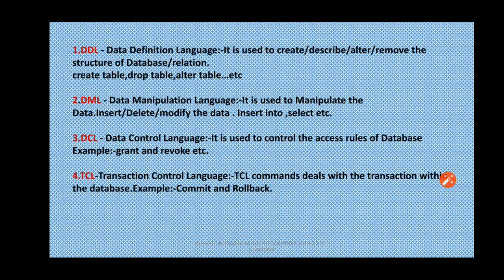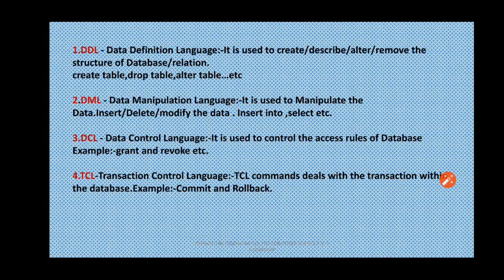DCL and TCL, though we will not be using them in our program for this particular syllabus, but still the full form and the use we should know. So here is DCL, that is data control language. It is used to control the access rules of a database. That means if you want to give a particular access to a database to a particular user, you will be using grant, and if you want to take back that access from that user, you will be using revoke.